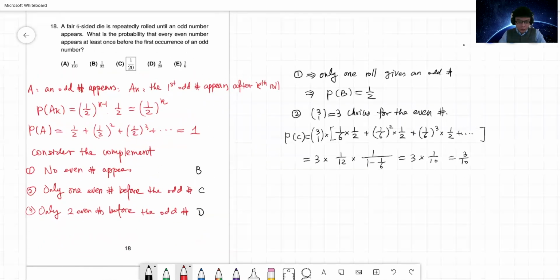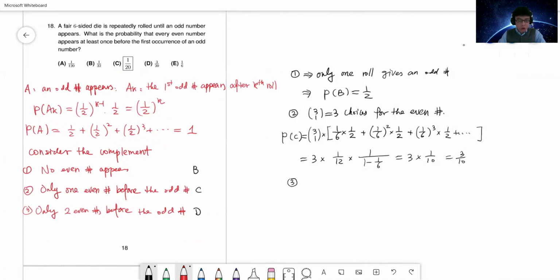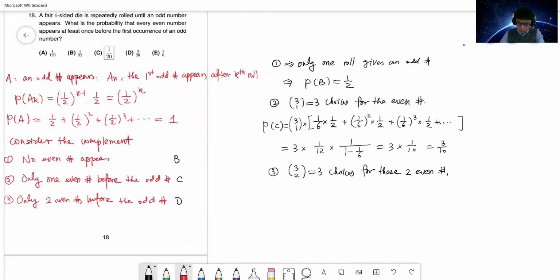Next, we consider the event D. We have two even numbers appear before the first odd number. So similarly, we have three choices for these two even numbers. And let's see, we fix two even numbers, say 2 and 4.